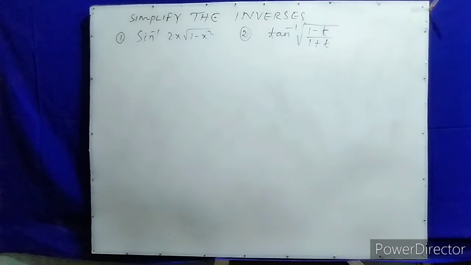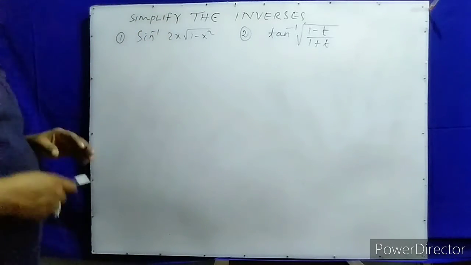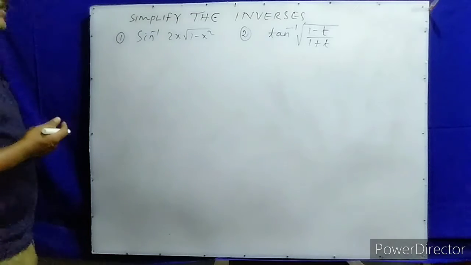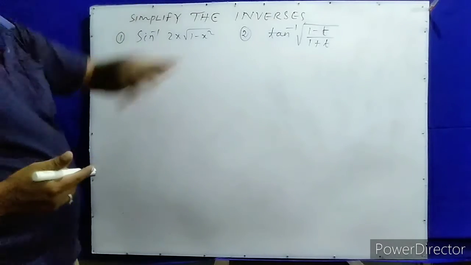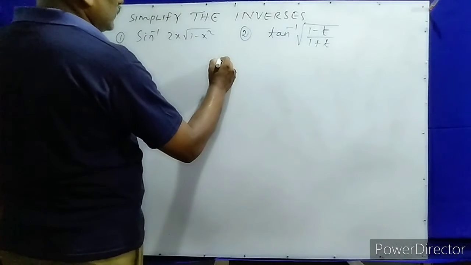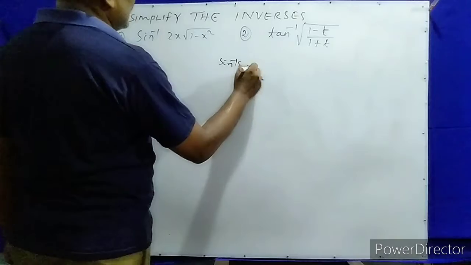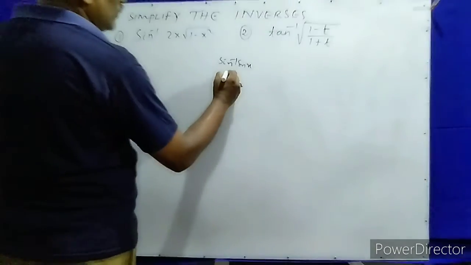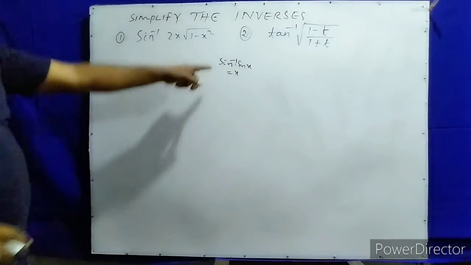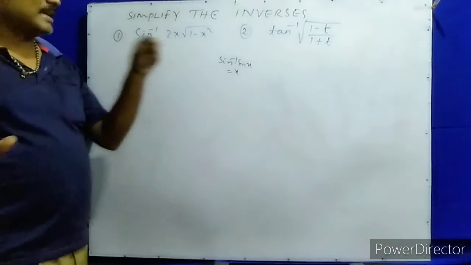Look at this. Now we get the application of the substitution we have already discussed. How do we apply these substitution methods? Before starting this, here is a concept. For example, sine inverse sine x equal to x, because sine inverse and sine cancel, then you get x.